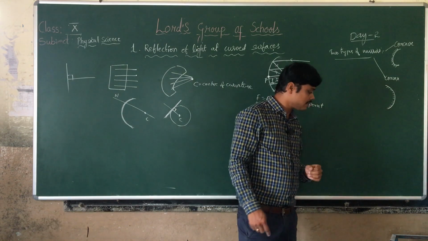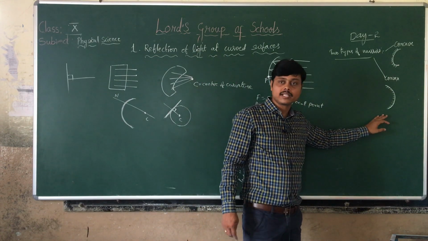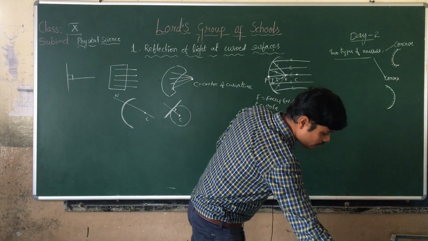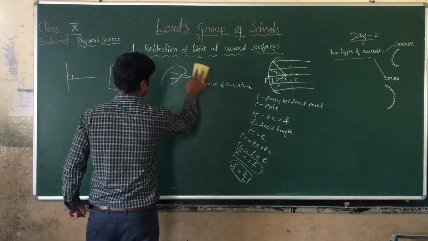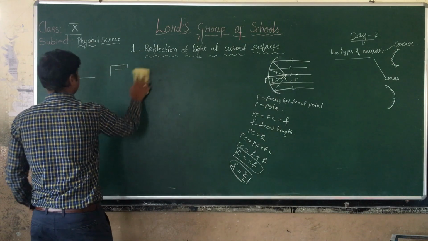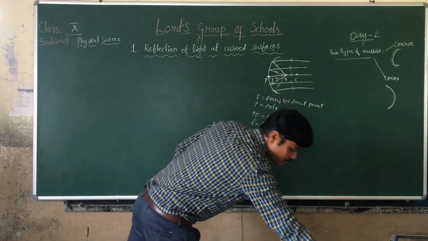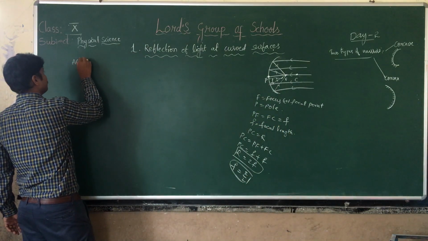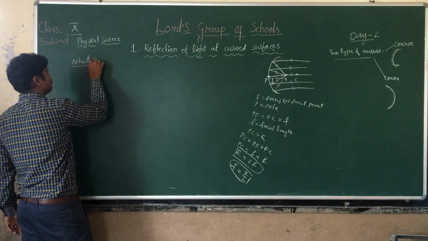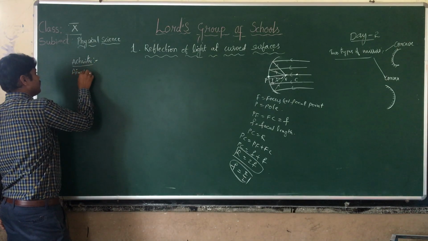Let us discuss an activity to know how many kinds of images we are getting. So in this activity, first the aim.